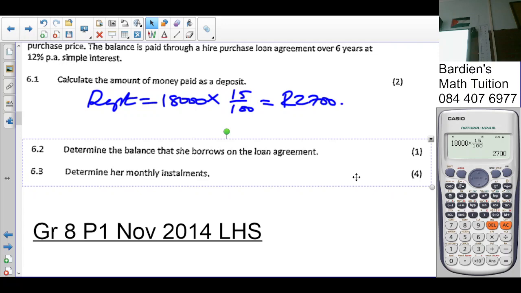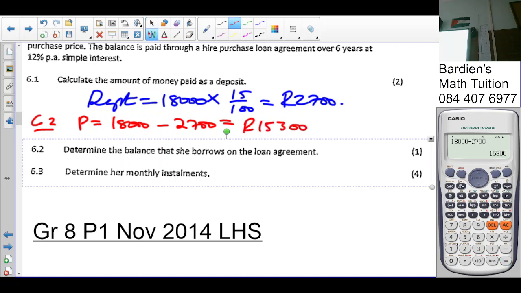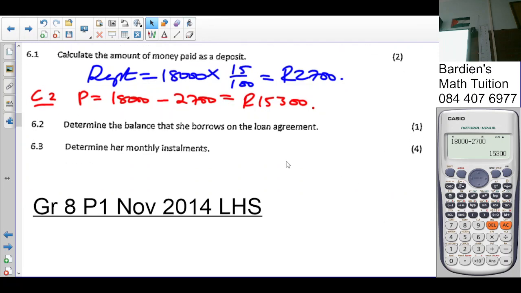So for 6.2, the principal, or the amount of the loan, is going to be 18,000 rand minus the 2,700 rand deposit. So the loan amount is 15,300 rand that will be loaned by the financial institutions. Okay.